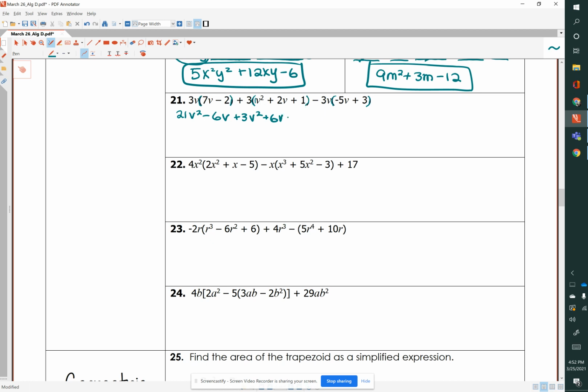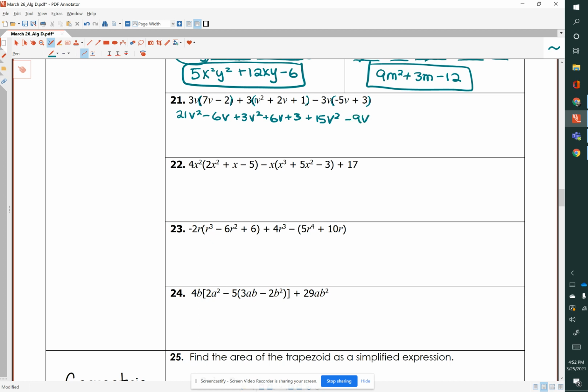And 3 times positive 1 is 3. And then our last set over here, negative 3 times negative 5 is positive 15. v times v is v squared. And negative 3v times 3 is negative 9v.